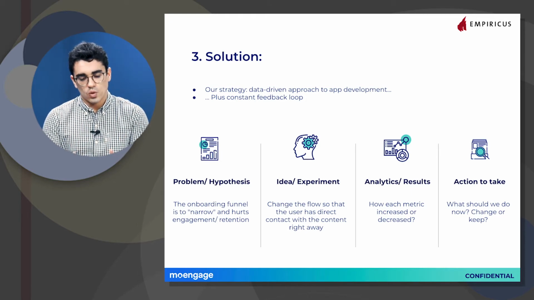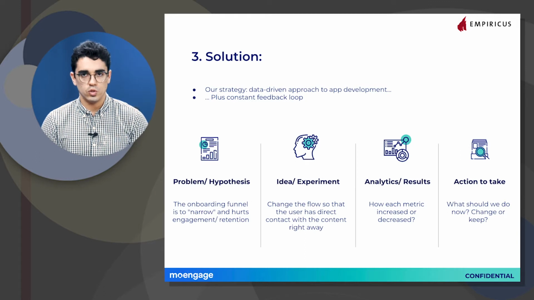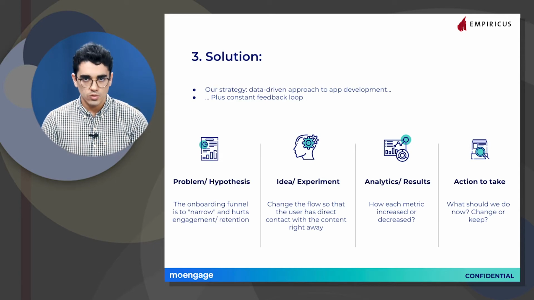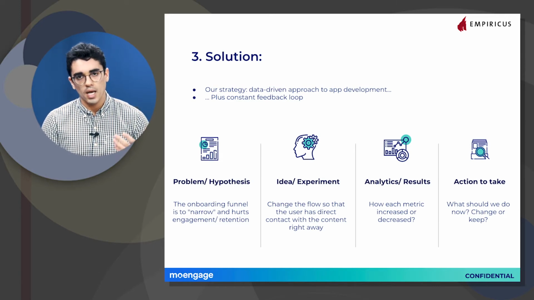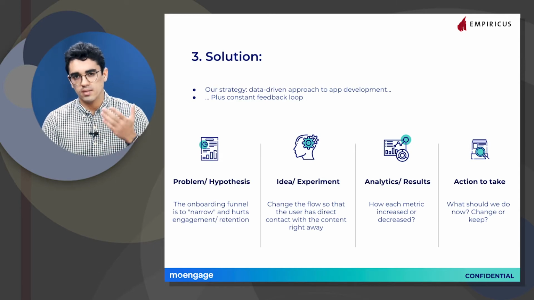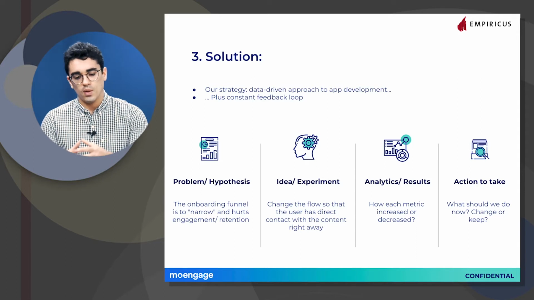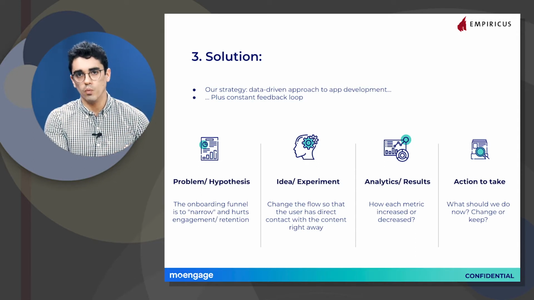So we have this strategy of a data-driven approach to app development. Everything that we do is backed up by data. Of course, we also have opinions, as I mentioned, but we have to prove that something should go down that path by using data. And we combine data with a constant feedback loop with our users.